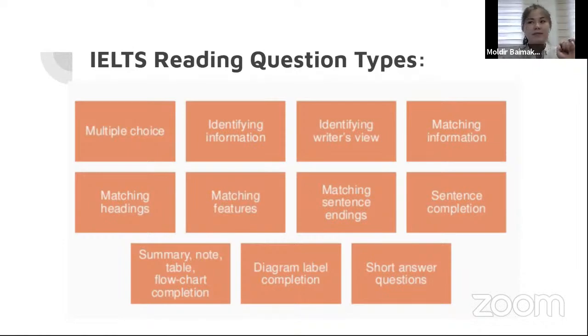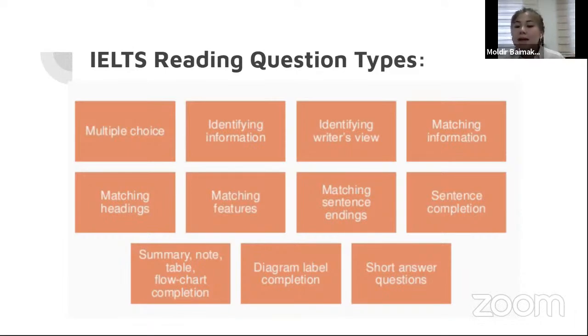For example, if this is a statement and if this is the text, then probably somewhere here, writer's view is hidden. Would it match? Would it really agree? Will these two ideas come to the same point? You have to think a bit more here. But if you understand the argument, if you understand the text itself, then it's not going to be a problem. Okay? Yes, no, not given.